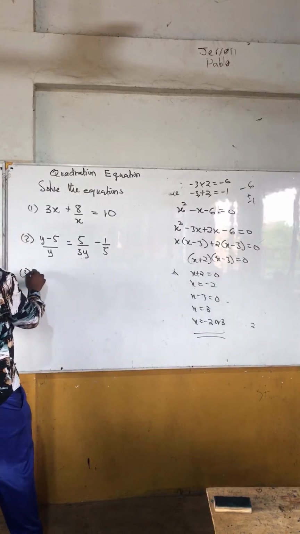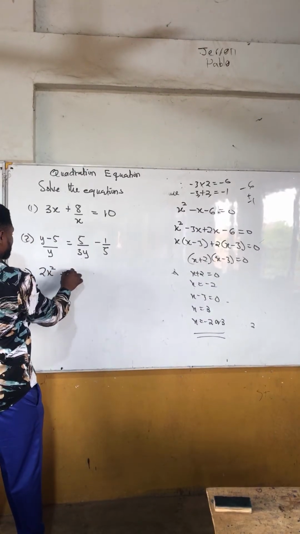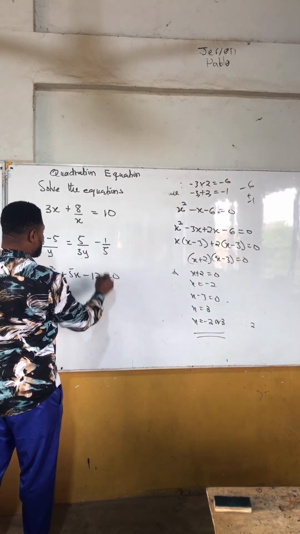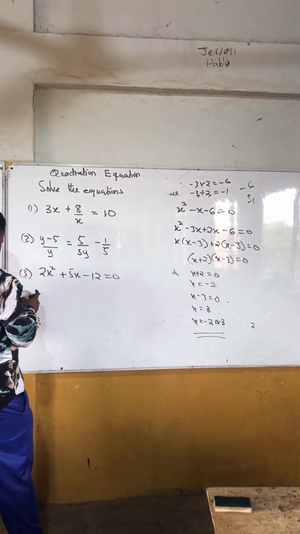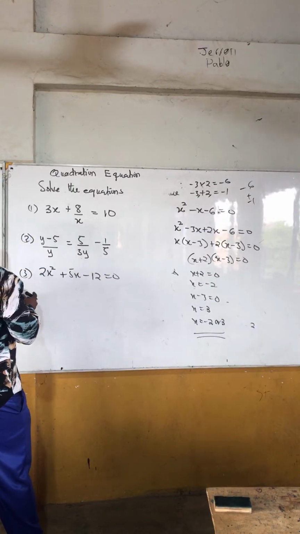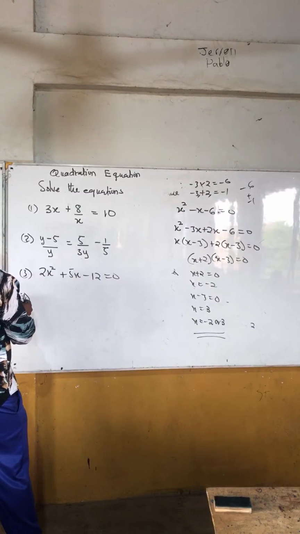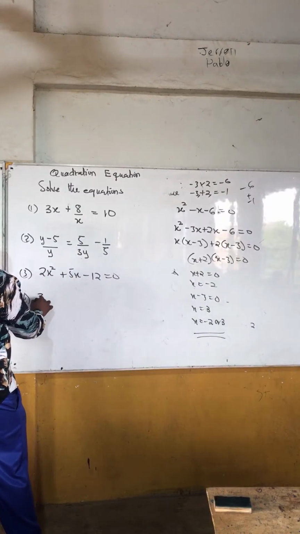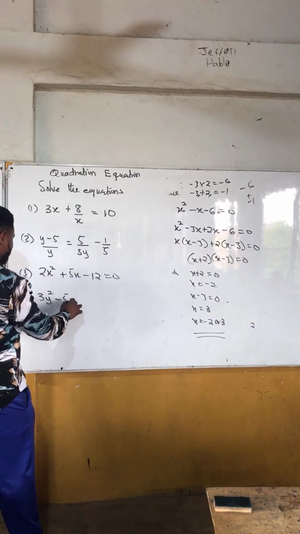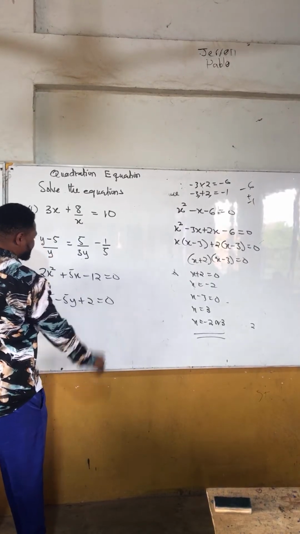Number 3, 2x squared plus 5x minus 12 equal to 0. Number 4, 3y squared minus 5y plus 2 equal to 0.